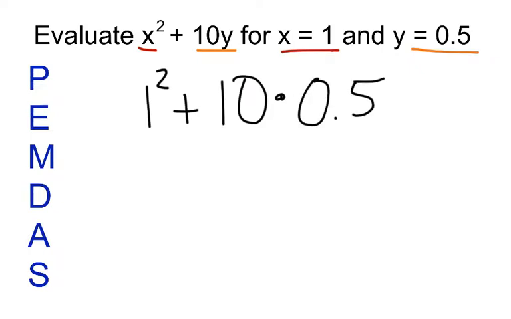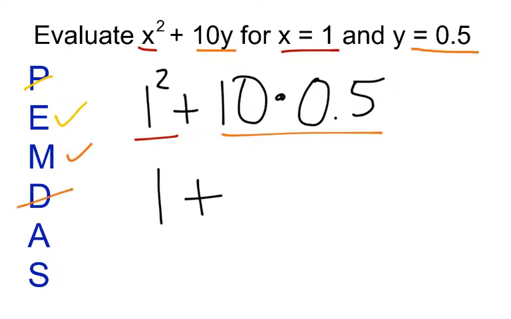So now I have everything I need to follow my order of operations. I don't have parentheses. I do have exponents. Common mistake, students will multiply 1 times 2, but 1 to the second power is 1 times 1, which is 1. I keep my addition sign the same because next step, of course, is multiplication. I don't have division.